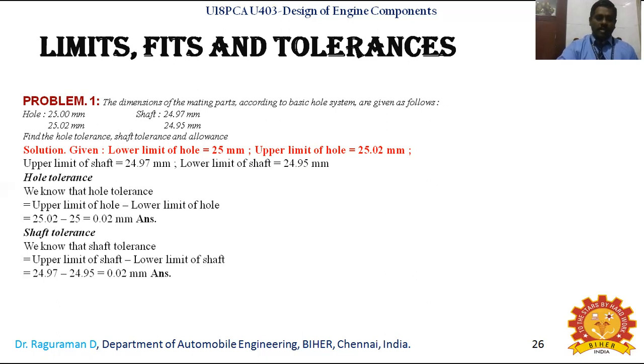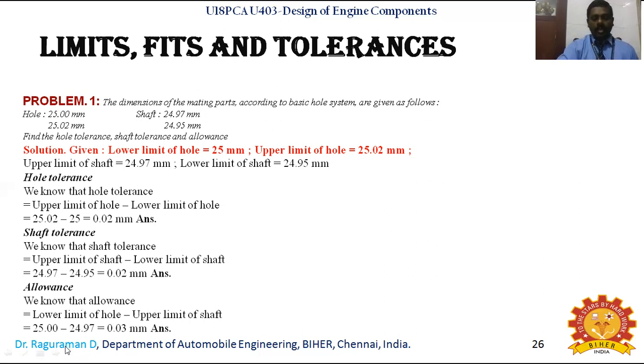So for a hole you have this tolerance, and for the shaft you have this tolerance. And allowance means the lower limit of hole minus the upper limit of shaft. So the lower limit of hole is 25 mm and the upper limit of shaft is 24.97 mm. So that allowance is 0.03 mm.